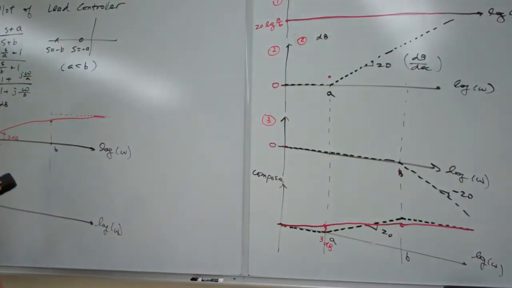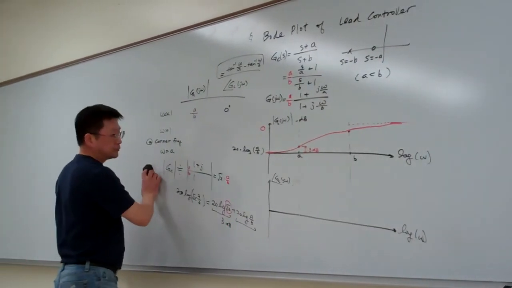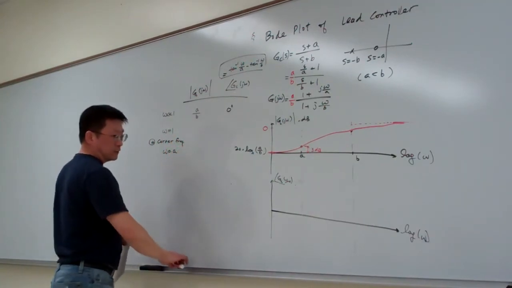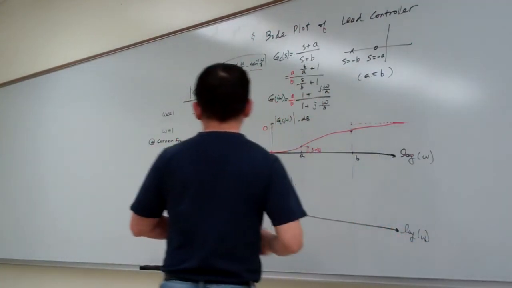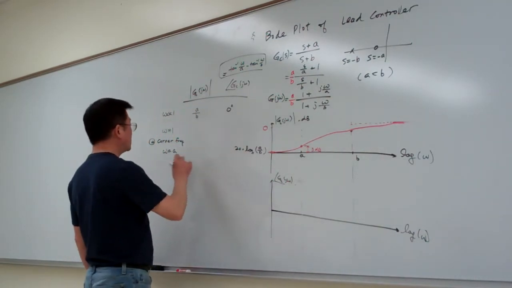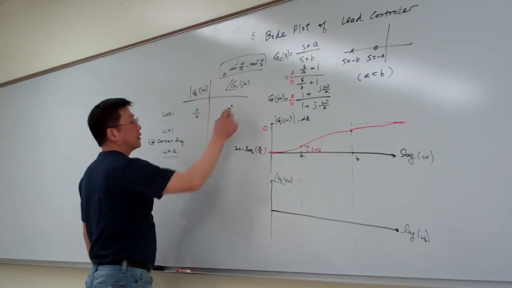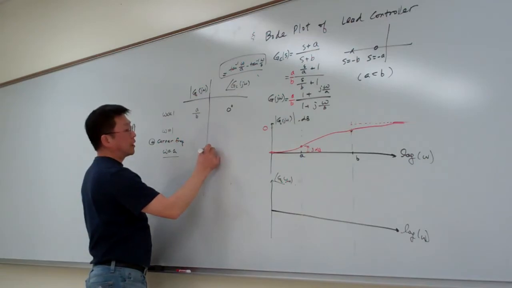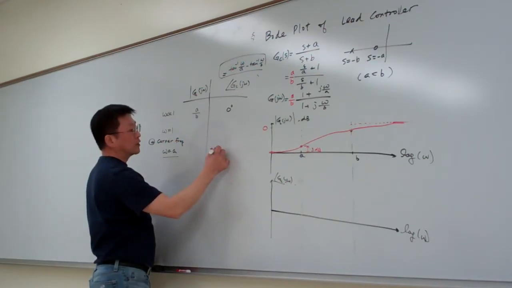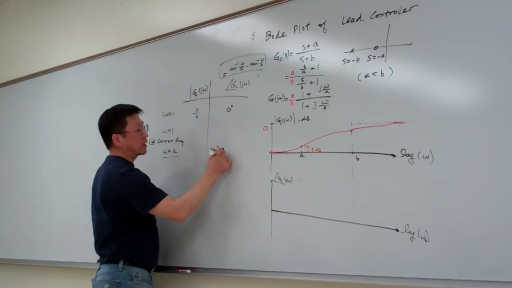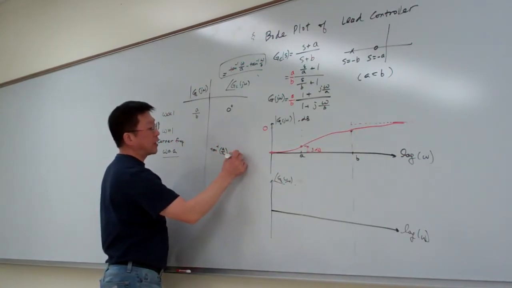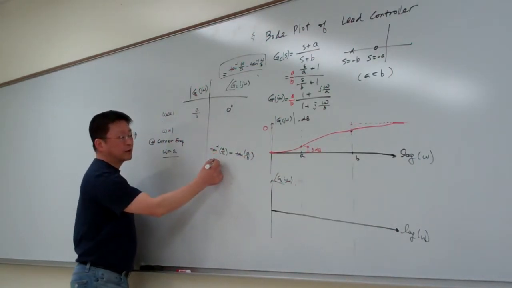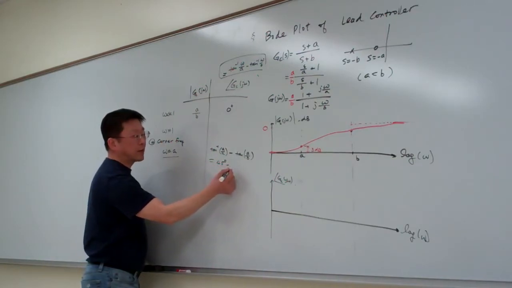Okay, and now let me finish the phase for this one. So for the phase here, when omega equal to A, the phase here is arctangent of A divided by A, minus the arctangent of A divided by B. Okay, so basically this is arctangent 1, and arctangent 1 is 45 degrees, minus something.